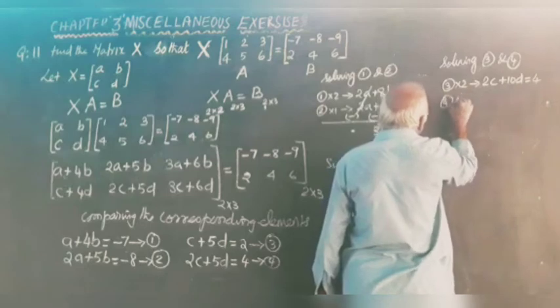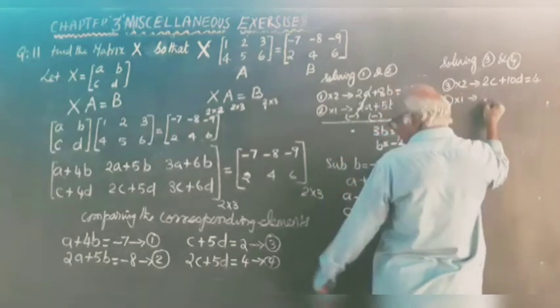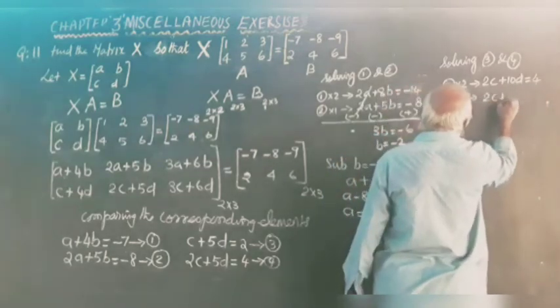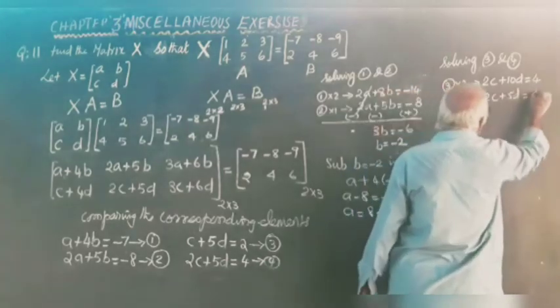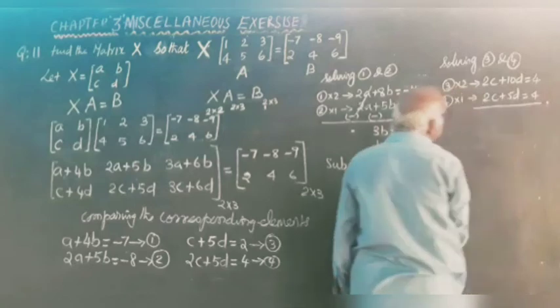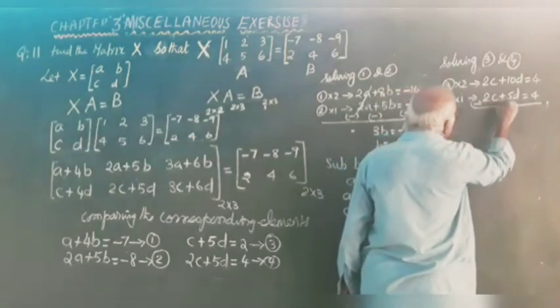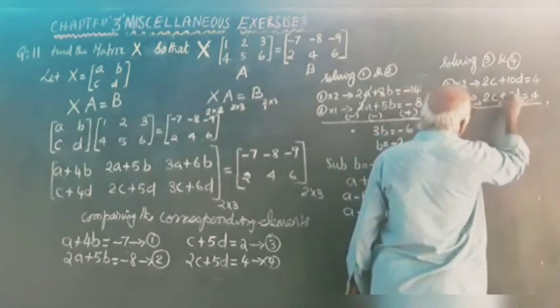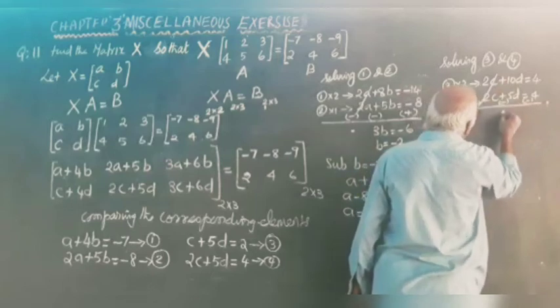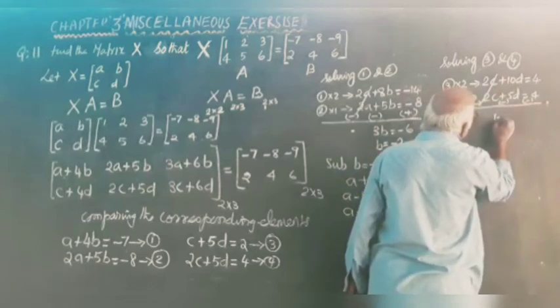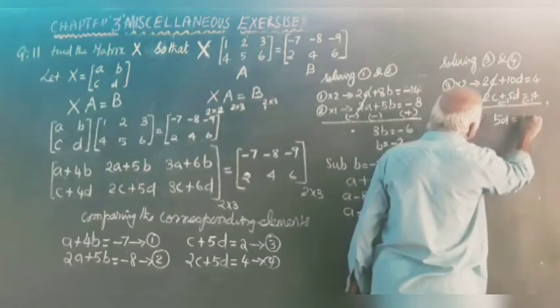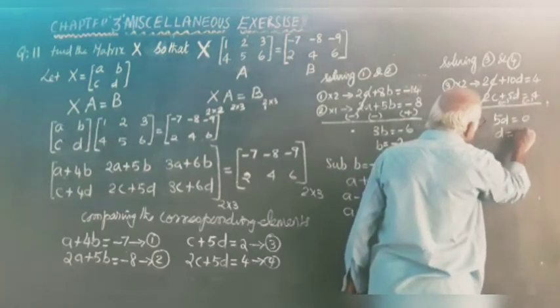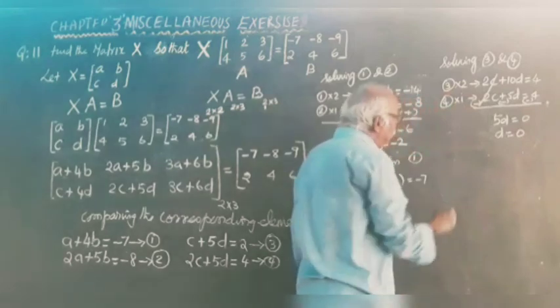Equation 4 into 1 implies 2C plus 5D equal to 4. Then change the sign. So minus 2C, 10D minus 5D, 5D is equal to 0, D equal to 0.